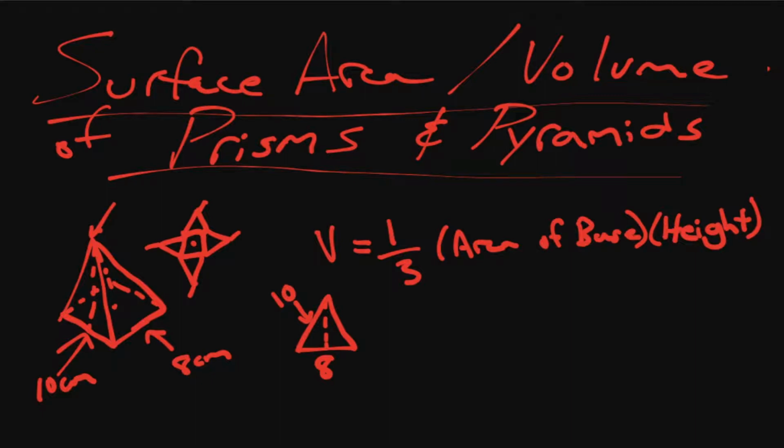And that we can easily find by using our good old Pythagorean Theorem, where we have our hypotenuse as 10, and then let's call the other leg x. So x squared plus 8 squared equals 10 squared, which is x squared equals 100 minus 64.